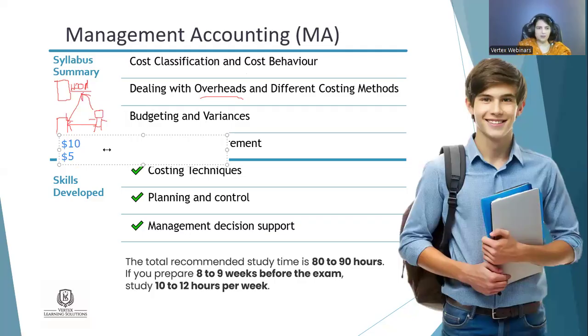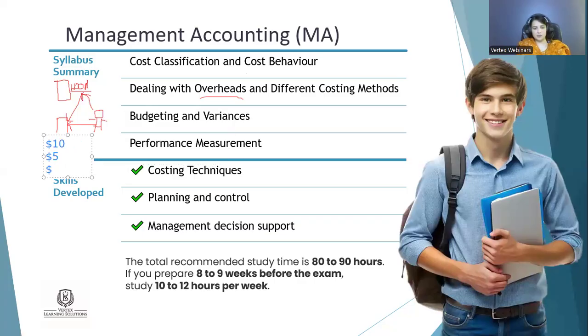Now the chair's cost is $20 and we can sell it for $30. This is the selling price, and this is actually the cost. And this is actually the material.